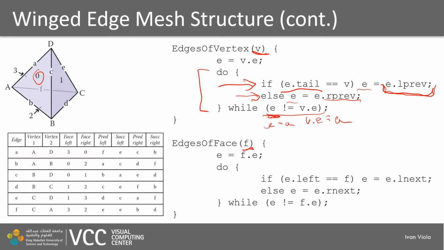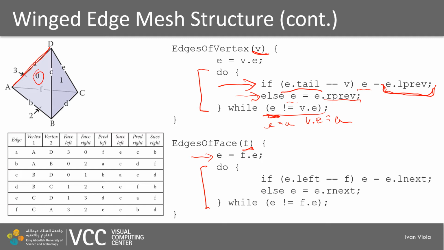And the edge associated with the face F, which is the face 0, is the edge A, in fact. And now we can enter our loop to find all the other edges which are forming our face 0.